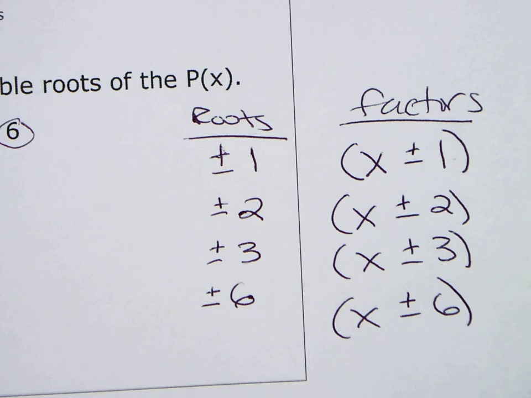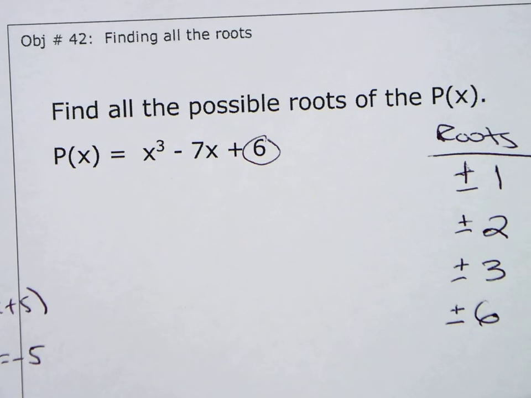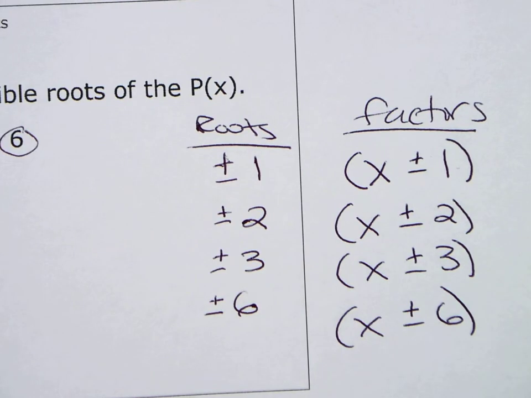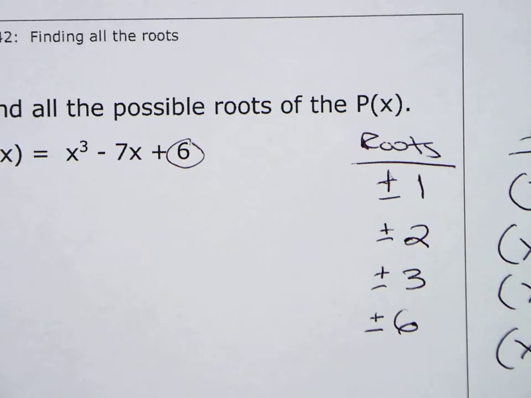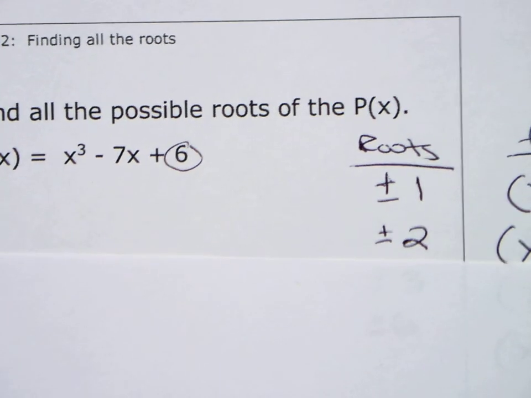So how do we divide a polynomial by a factor? We learned 2 ways to do that: long division or synthetic. Which one's easier? Synthetic. So we're going to do guess and check with synthetic division. I'm going to do this on a separate piece of paper because we don't have a lot of room. Let me zoom out.